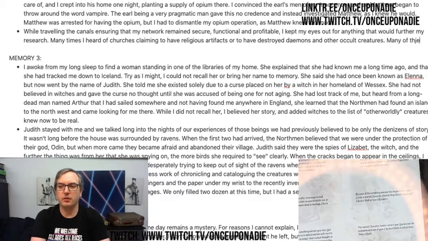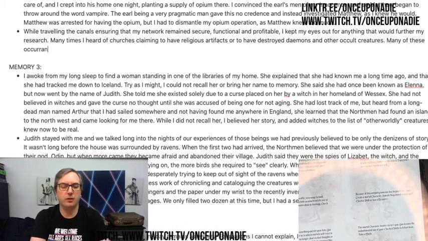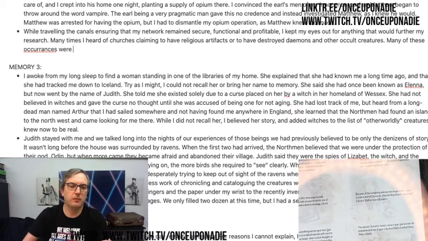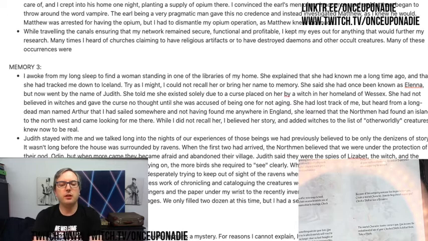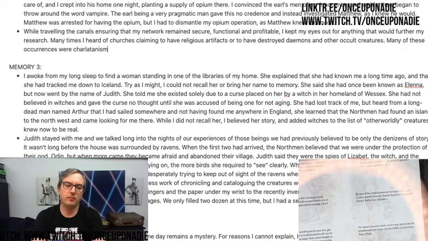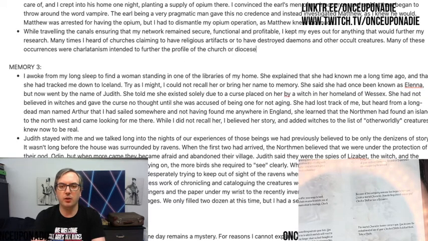Many of these occurrences were charlatanism intended to further the profile of the church or diocese in question, but some were legitimate.